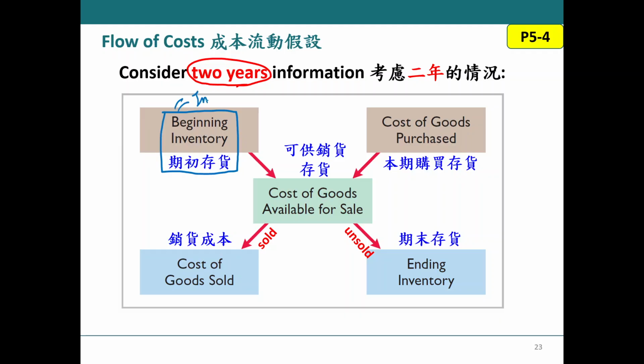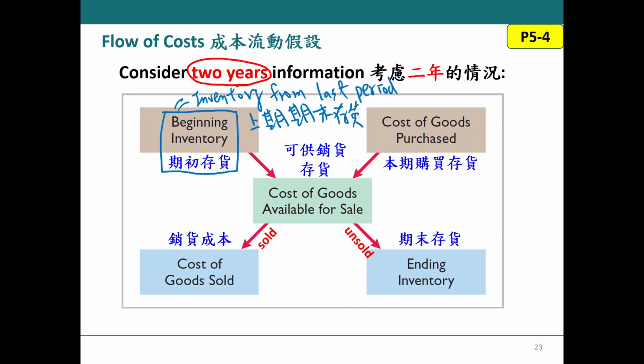So this is inventory from last period. 上期期末存货. Okay? So before you do anything, on the first day, I find out I got some inventory from last period.